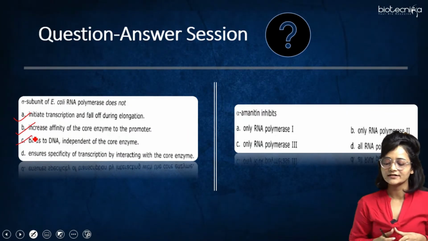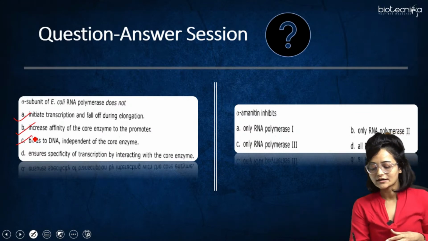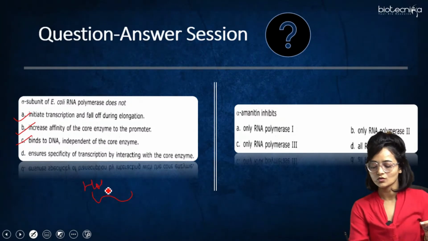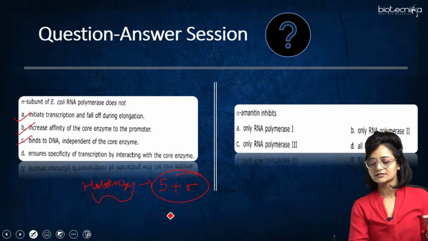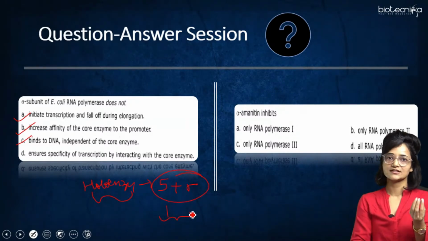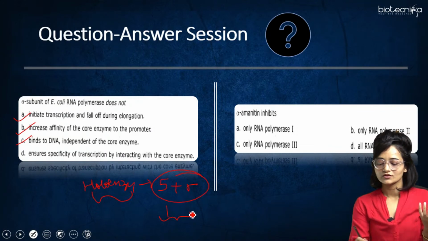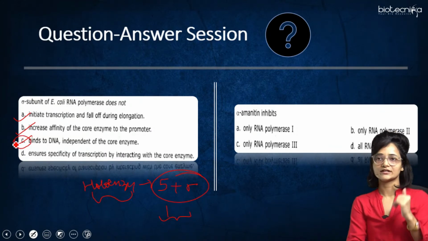The third says that it binds to the DNA independent of the core enzyme. Until the whole holoenzyme is present, which consists of the 5 subunits plus the sigma factor, unless all of the RNA polymerase is present in its holoenzyme form, the transcription activity won't start. So this option C is the correct answer for this question.